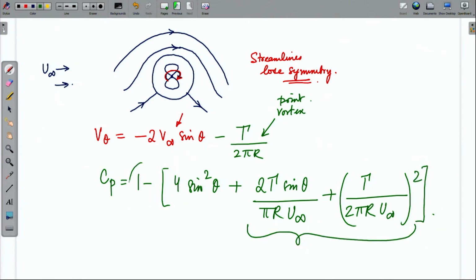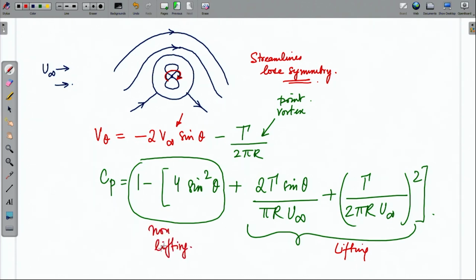So, the earlier non-lifting flow was just comprising of this part, while this is the lifting part. Obviously, you can figure out that the symmetry in Cp distribution will be lost, loss of symmetry because of the additional term.